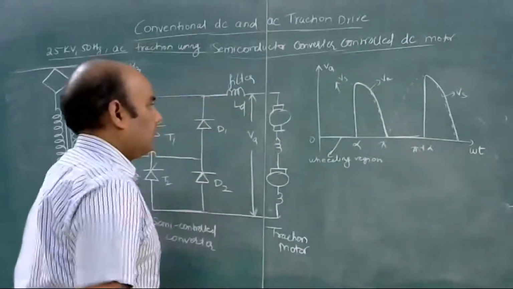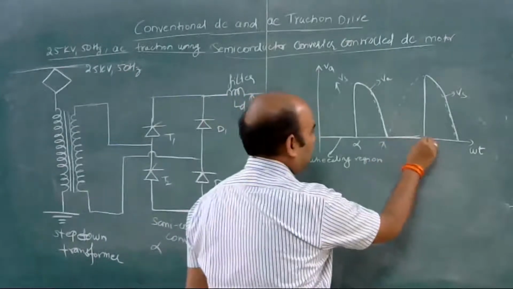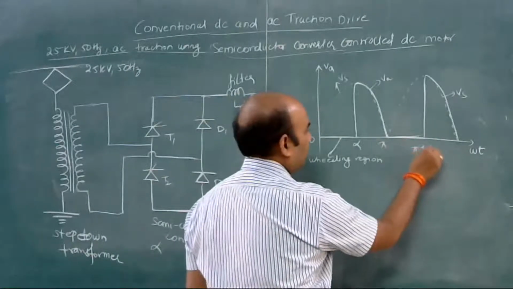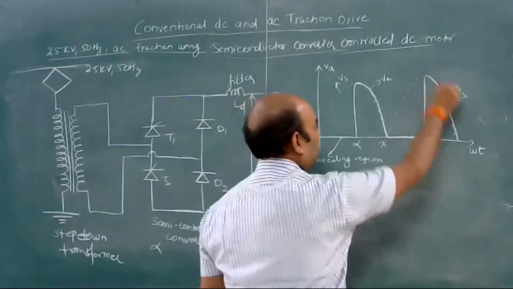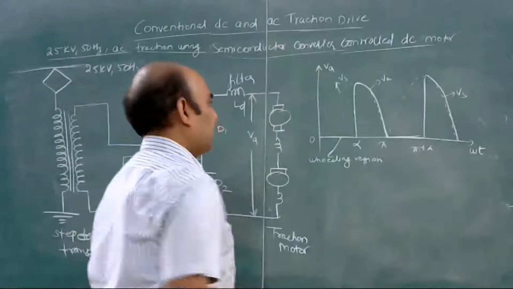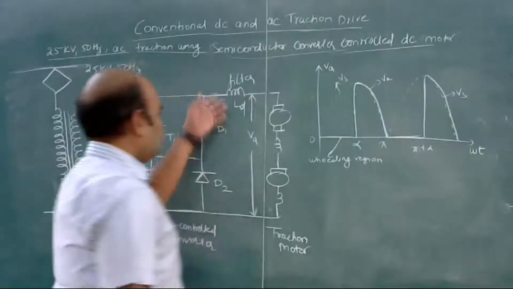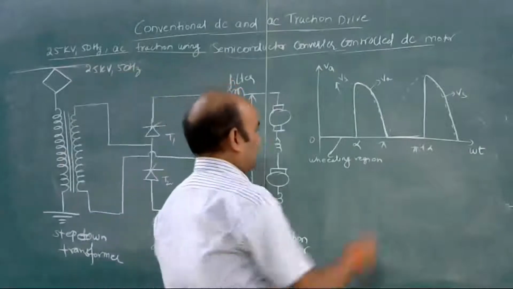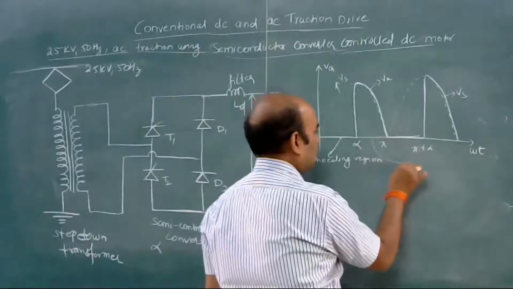Okay, and then again this will be the freewheeling period, from pi to pi plus alpha, and again we fire at pi plus alpha, so it starts conducting like this. Okay, so this is the output of the rectifier. Okay, and this region is the powering region. Okay, powering region.